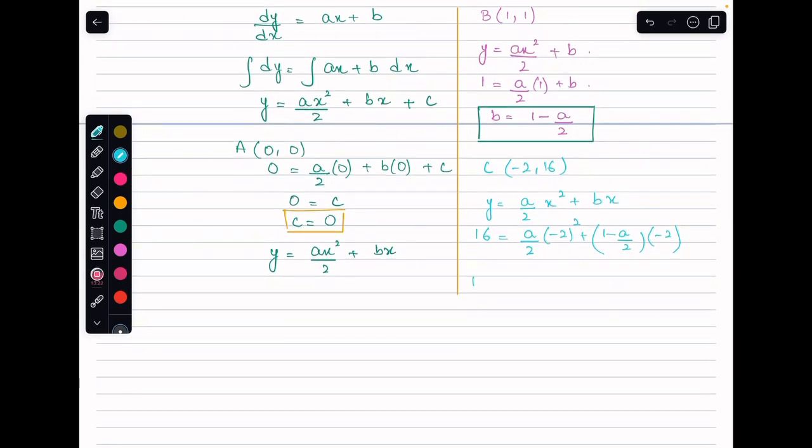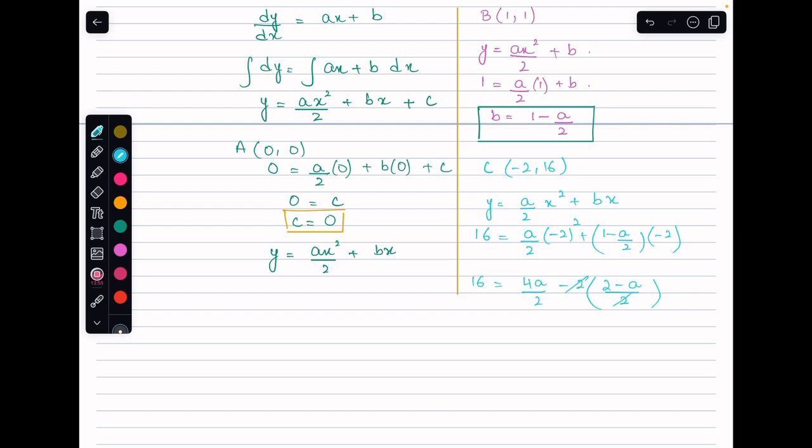So let's solve it further. It's 16, which then shall be equal to negative 2 the whole square, that gives me 4a divided by 2. And here I shall be multiplying this positive with the negative 2, so that here I can say it's negative 2, and then taking LCM, this becomes 2 minus a divided by 2 here.